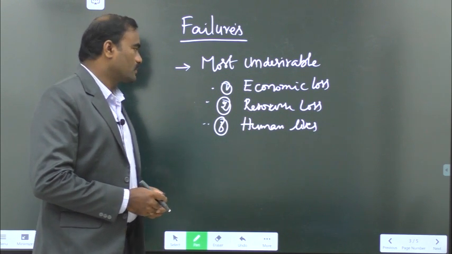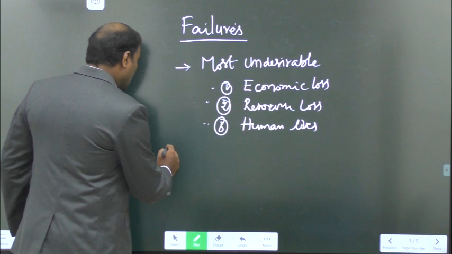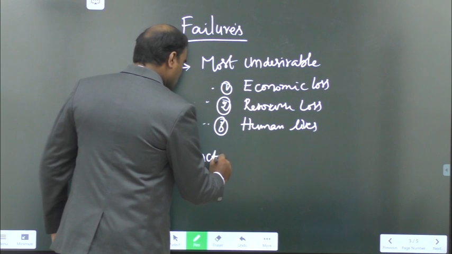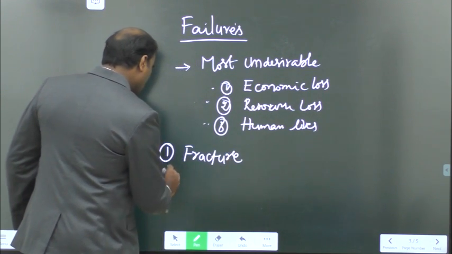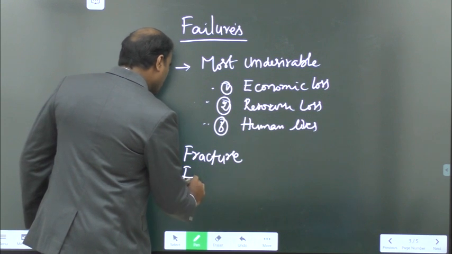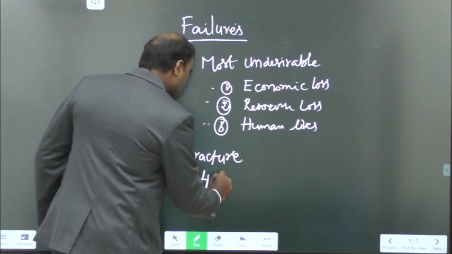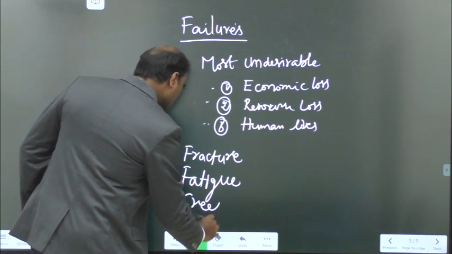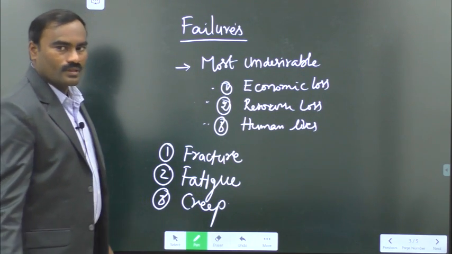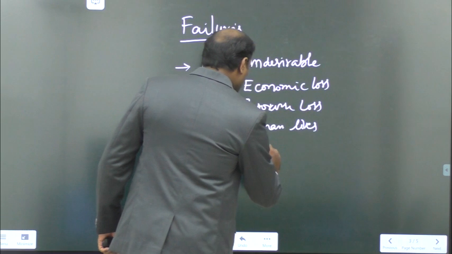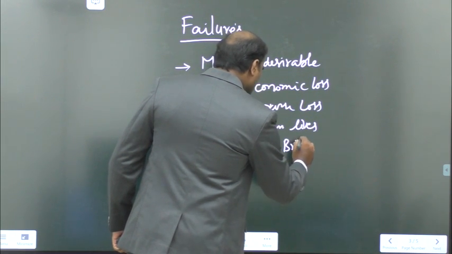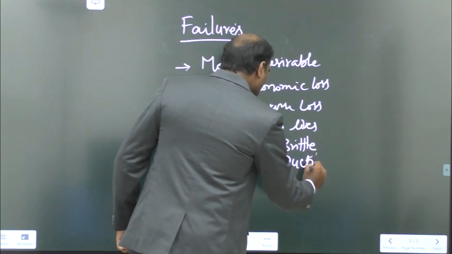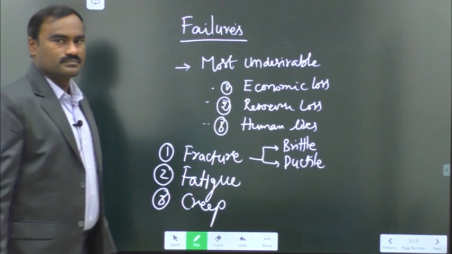In these failures we are going to see about three types of failures. One is fracture failure, second is fatigue failure, and third is creep. In the fracture, again we have brittle fracture and ductile fracture.